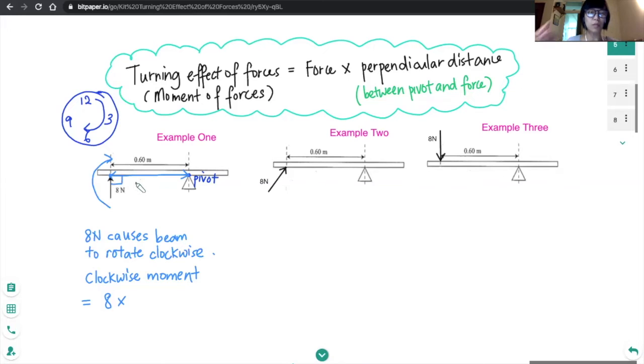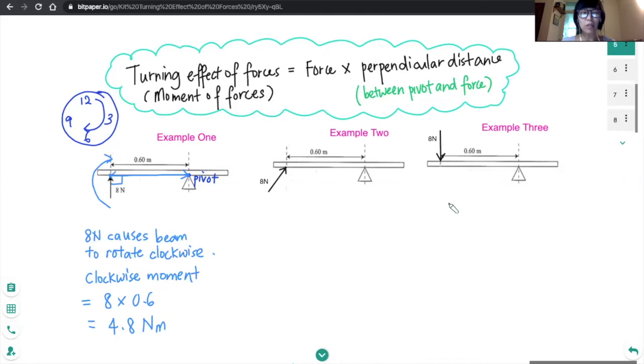So the distance must be right angle to the force, which is 0.6. So we get 4.8. Since the formula is force multiplied by distance, the SI unit for turning effect of forces would be Newton meter. Of course, you always take note of what unit you're actually using rather than just blindly. Sometimes we can leave the answer in Newton cm depending on the question.